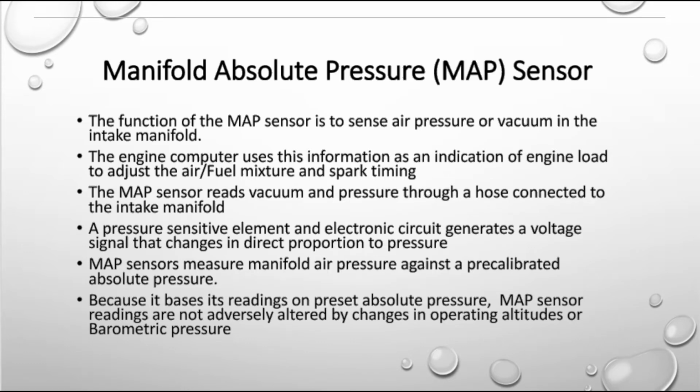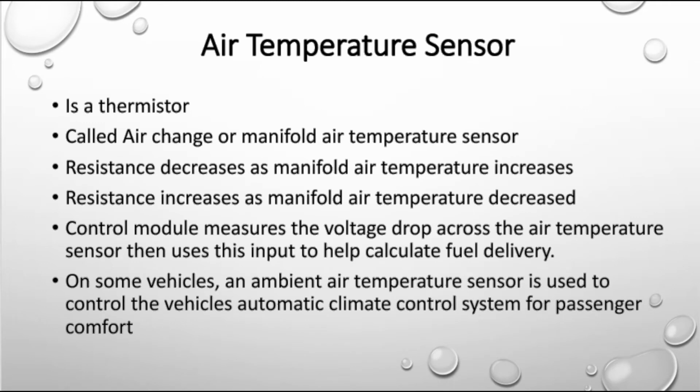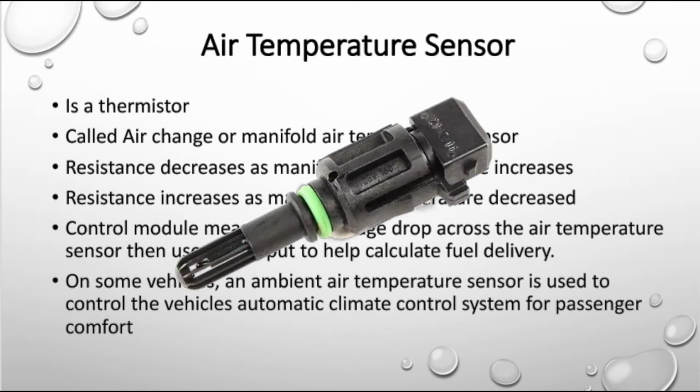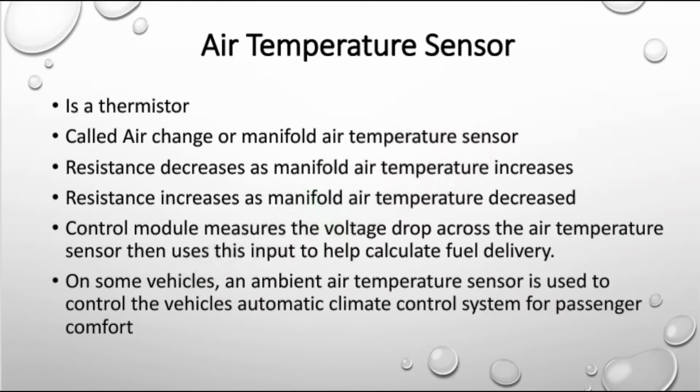The air temperature sensor is a thermistor, sometimes called an air charge or manifold air temperature sensor. Resistance decreases as manifold air temperature increases. Resistance will increase as manifold temperature decreases. The control module measures the voltage drop across the air temperature sensor, then uses this input to help calculate fuel delivery.